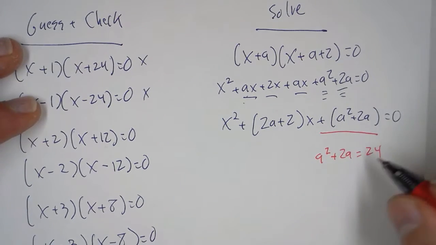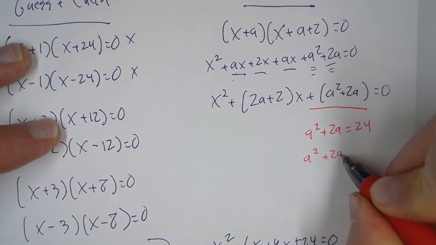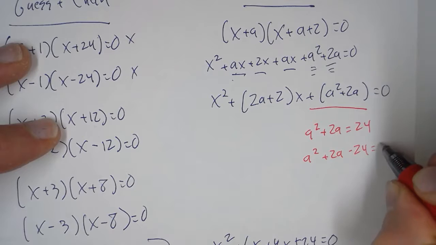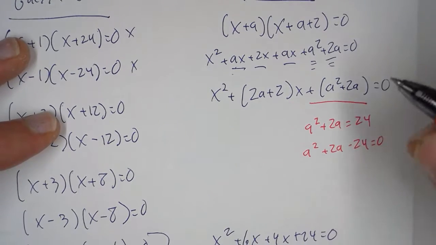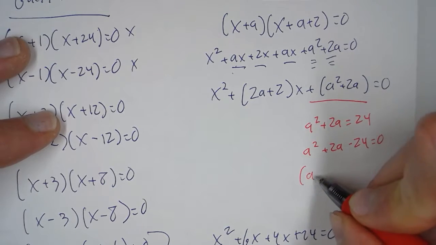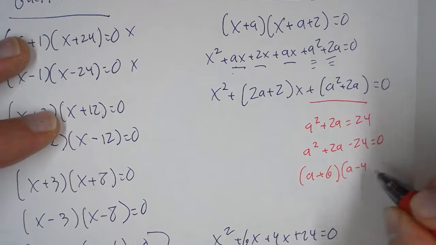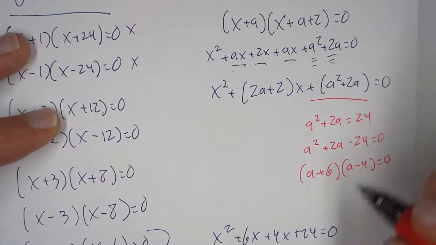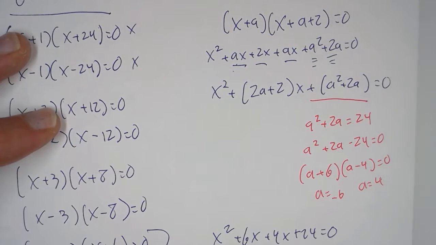Well, this is its own little quadratic that I can solve. a squared plus 2a minus 24, because when we solve quadratics, we always get everything on one side. And if I factor this, I get (a plus 6)(a minus 4) equals 0. So a could either be negative 6 or a could be 4.